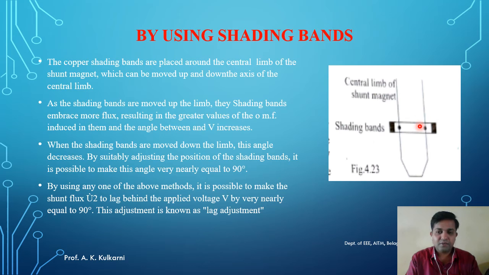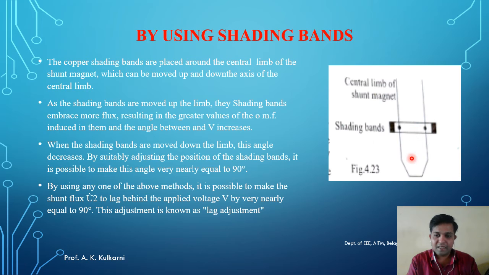Now the second case is when the shading band is moved downward the limb. Suppose the shading band is moved downward, the angle decreases now. It is possible to make this angle very nearly 90 degrees.